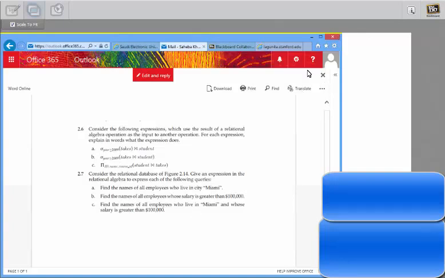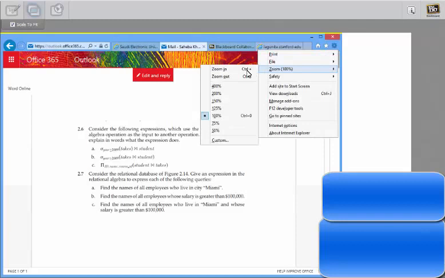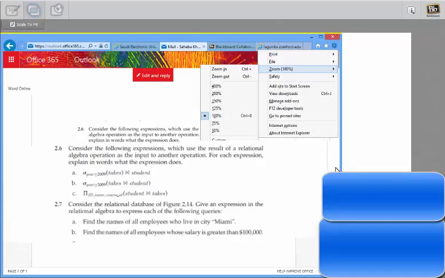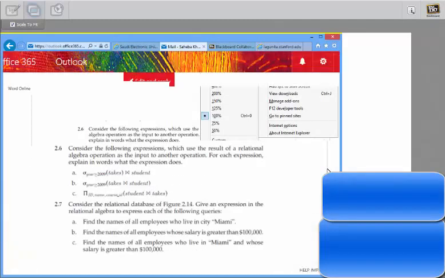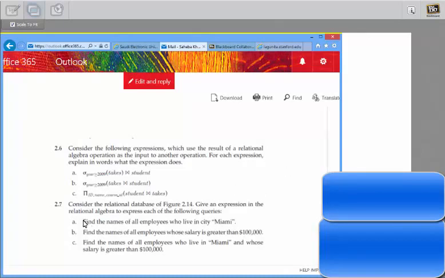You will not get 2.6. 2.7 says to consider the relational database and give an expression in the relational algebra to express each of the following queries, okay? So you have to write down these queries like this. So in the exam you can expect a question like 2.7, alright?